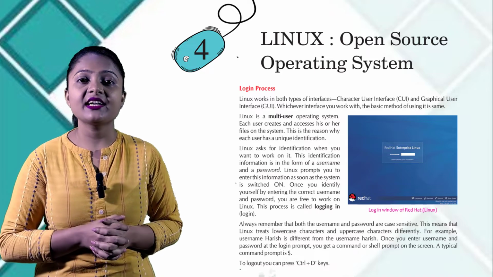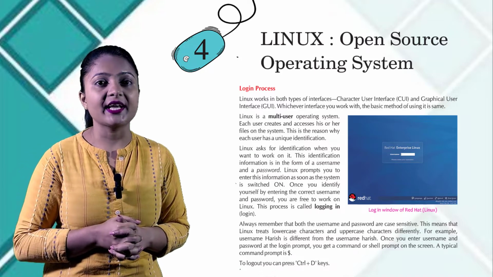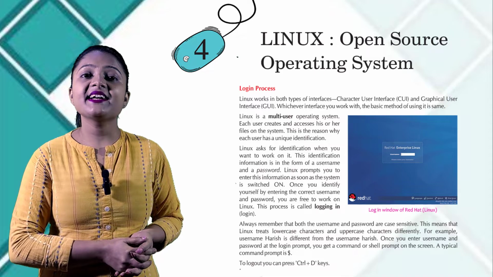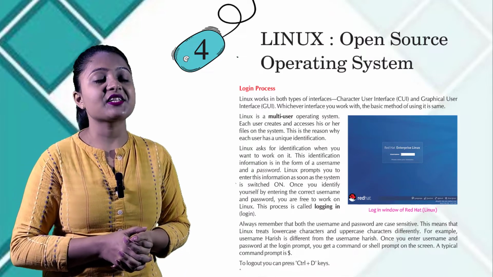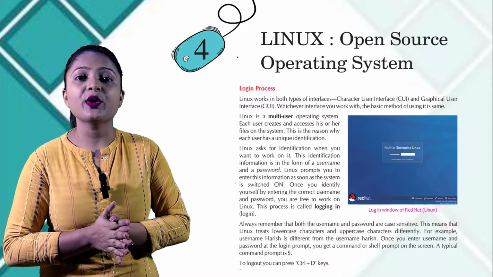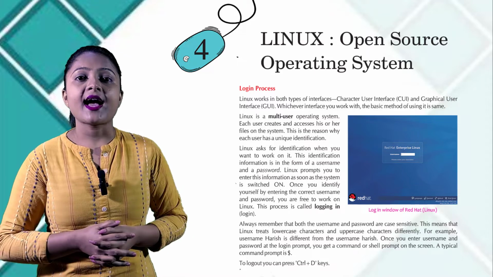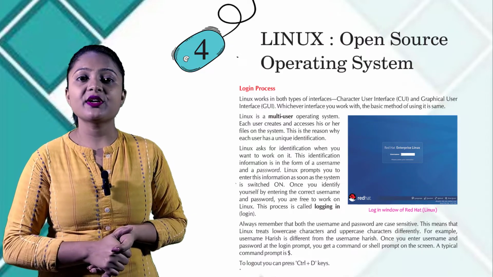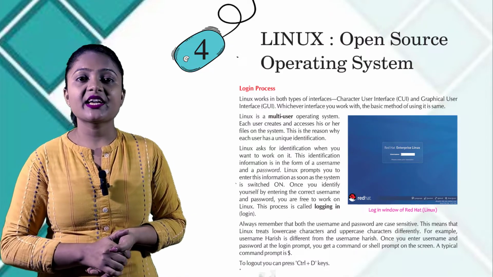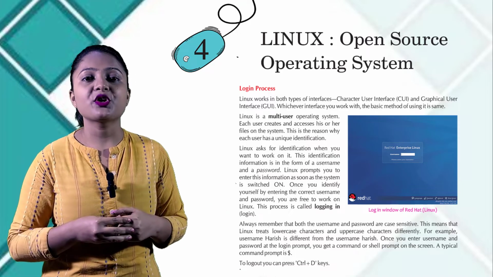Linux asks for identification when you want to work on it. This identification information is in the form of a username and a password. Linux prompts you to enter the information as soon as the system is switched on. Once you identify yourself by entering the correct username and password, you are free to work on Linux.